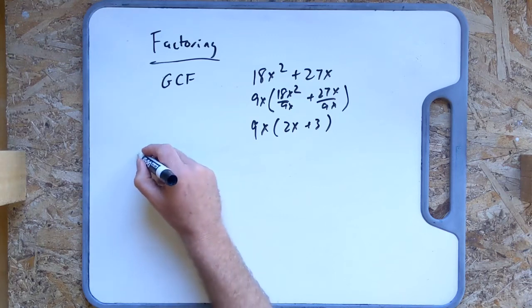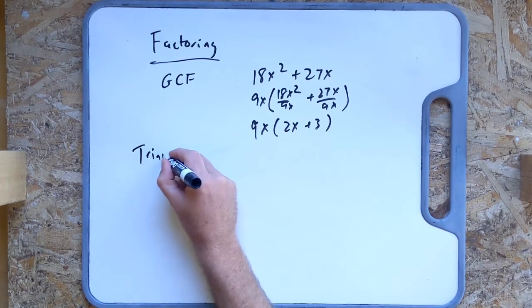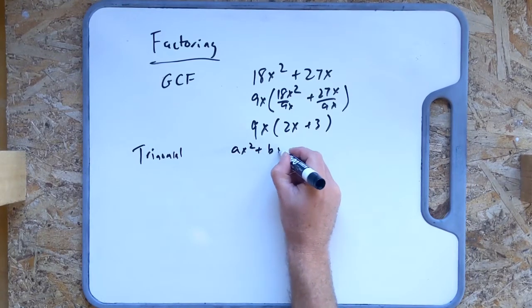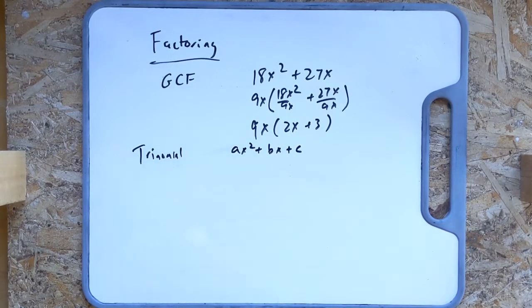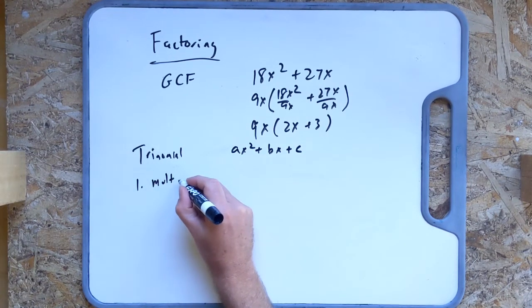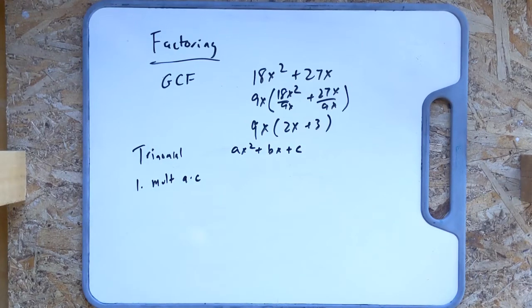The other kind of factoring I want you to remember is trinomial factoring. This is ax squared plus bx plus c. I'm going to write down the process and then write down an example. So first of all, the process is: multiply a times c, first and last coefficient.